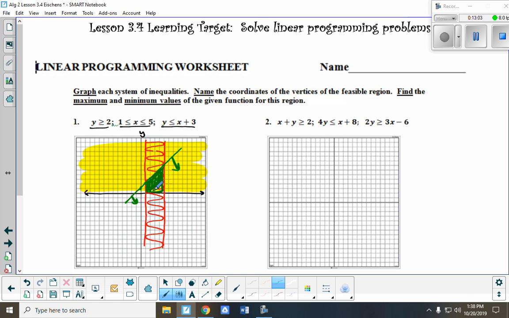And so what you want to do is write down the coordinates of the vertices. So here we're going over 1 up 2. Here we're going over 1 up 4. We have this one, this one. Oops, that's 5, sorry.